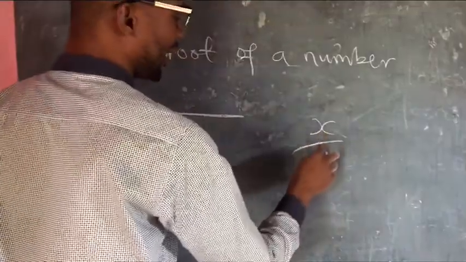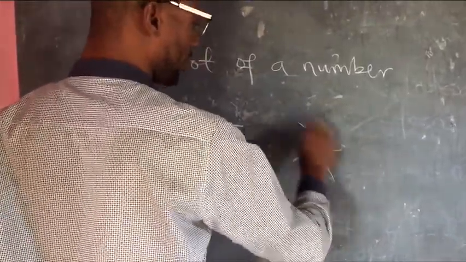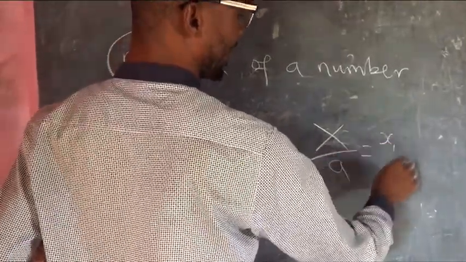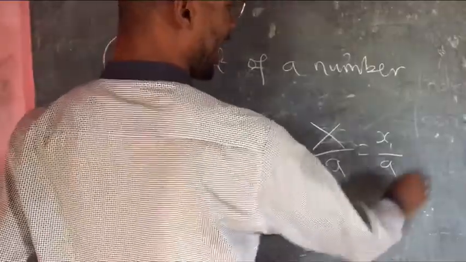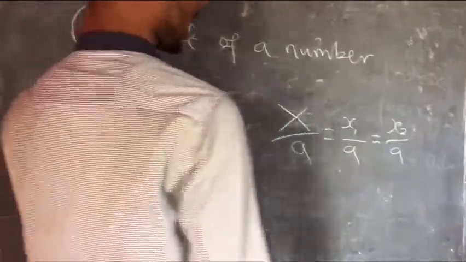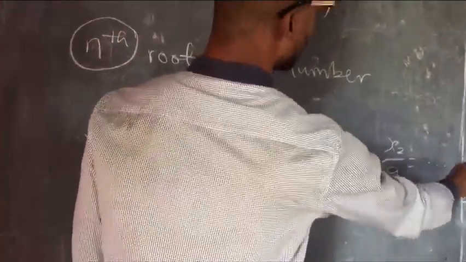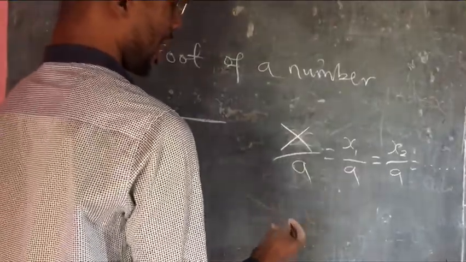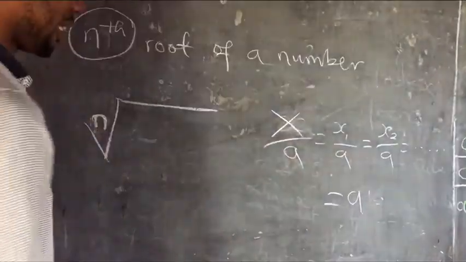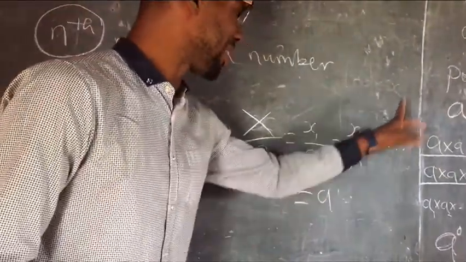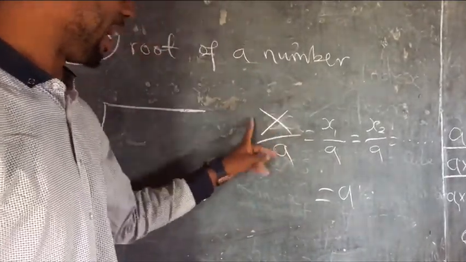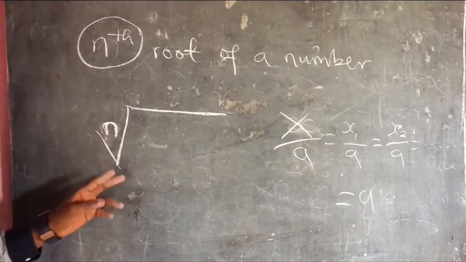So maybe I have a number, let me make this number capital X. If I divide it by a, I will get small x. Then I will divide it again by a and get another small x2. Then if I divide again by a, I will get another number, and I will keep dividing until I get my answer a. The number of a's I count like this, plus the final a, is what I get. That is the nth root of this number x.